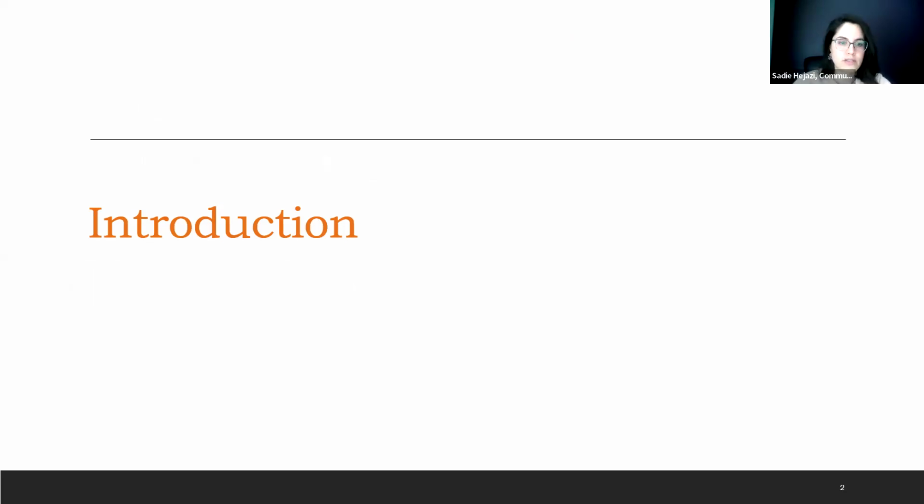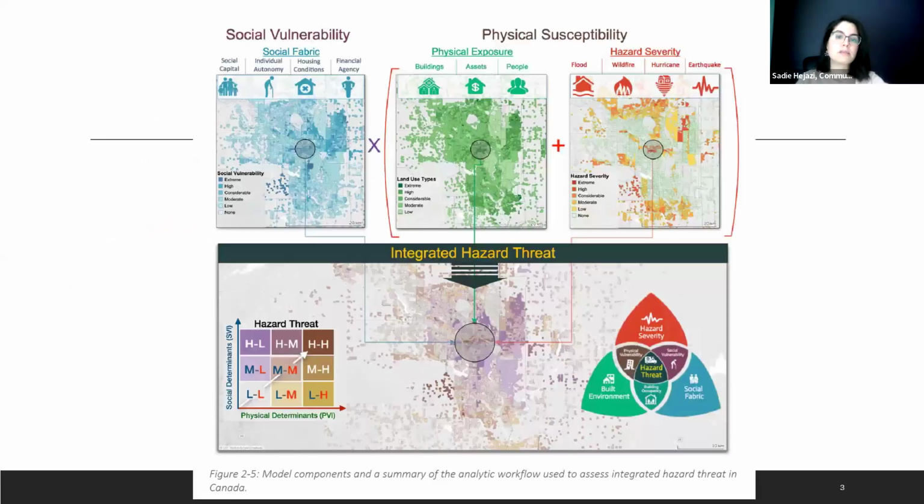It's a very interesting project, and it's based on the Natural Resources Canada reports on the physical exposure and social vulnerability to natural hazards. The report was done in 2022. So we are not going to go through the details of the report.